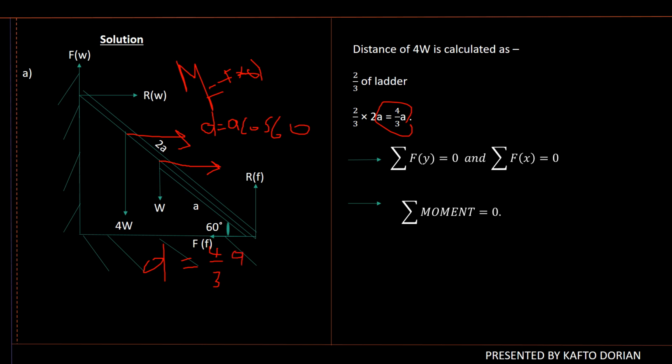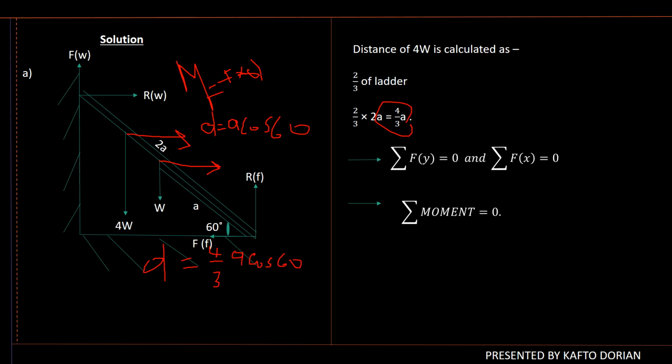Since it needs a horizontal perpendicular distance, I will use a cos trigonometric function, so I have 4/3 a times cos 60 degrees. This is the distance covered by the foot of the man at that angle. So you just multiply by the force to have the moment about that point. Now that is all about the clockwise moment.